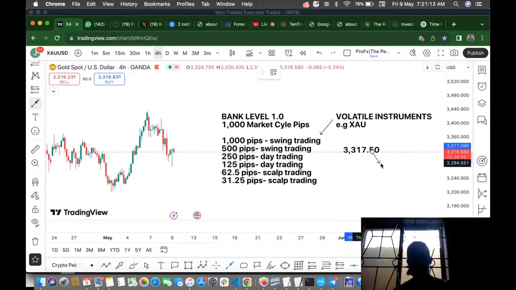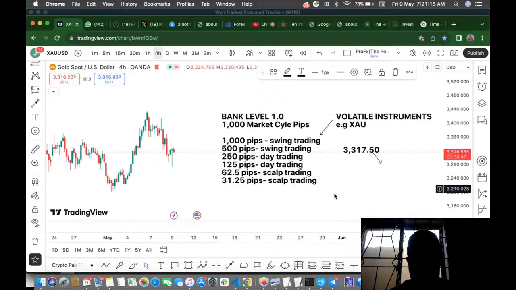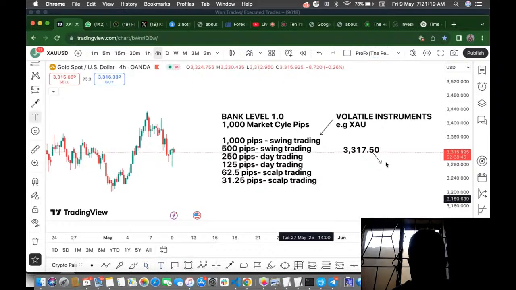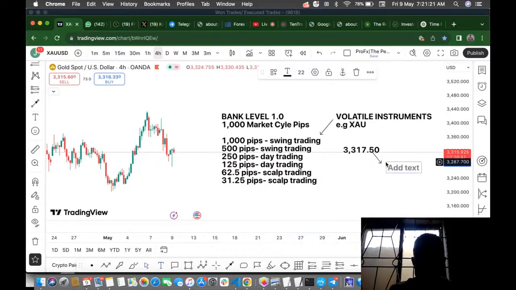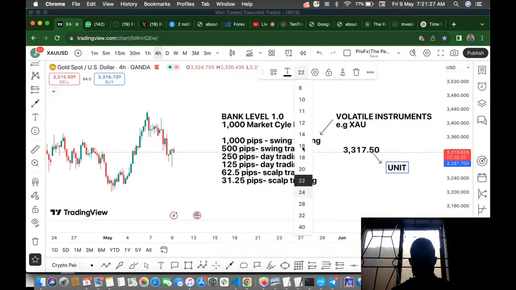So the first digit after the decimal point is the what? Unit. Please pay attention, I'll be very fast with this. Then we go to the next one.